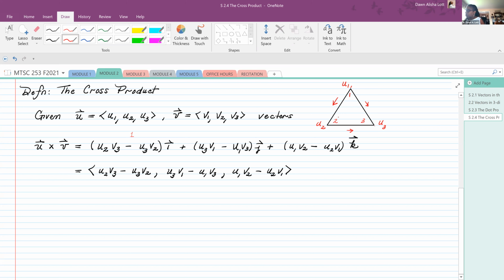Okay, so for 1, notice 1 and then 2, 3, 2, and then 3, 1. So it's like a circle. 2, 3, 1. So here's my circle, 1, 2, 3, and I'm always going in this direction. I should have made it clockwise. I never thought about making it clockwise, but that might help too. So that's the formula. I'm going to show you an easy way to do it.